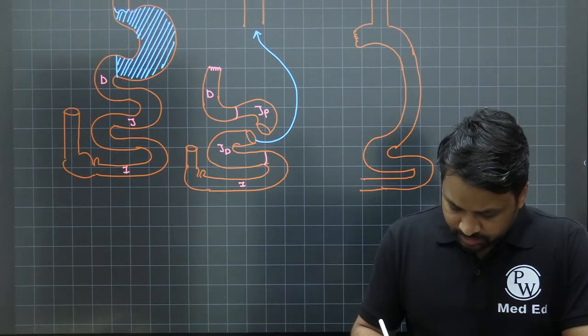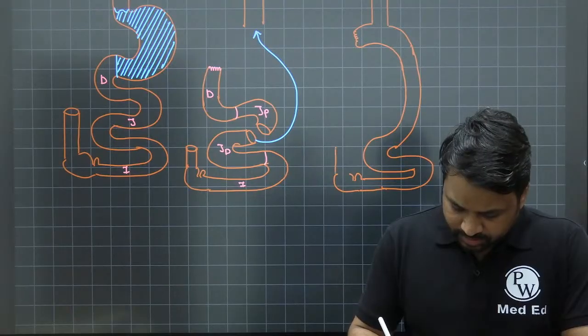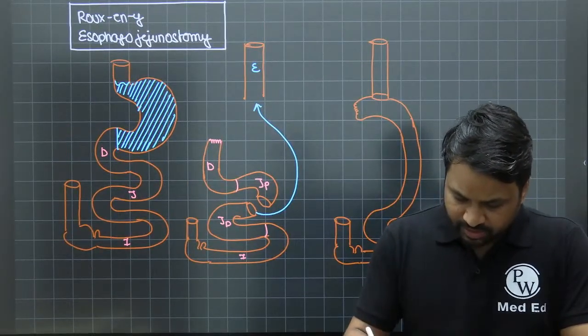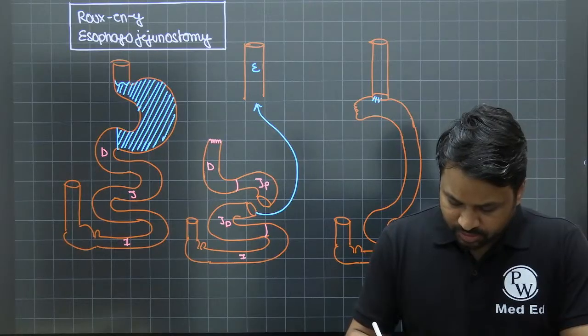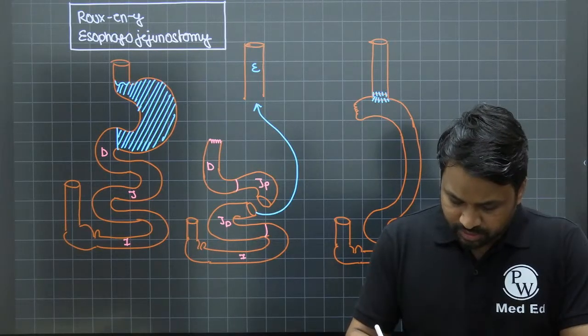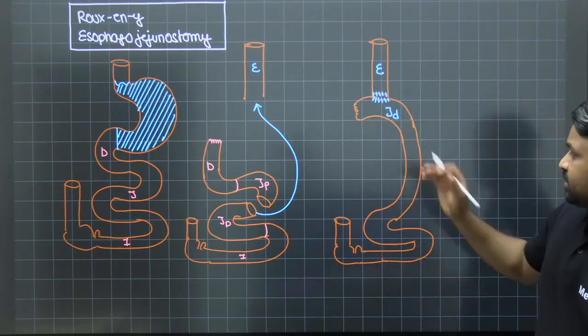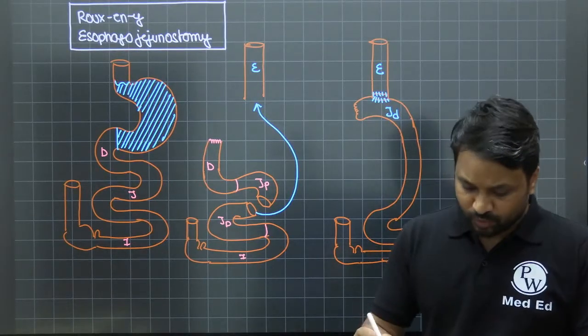This is the ileum that you have. This is the appendix. This is the ascending colon. So this is the part where we made an anastomosis of the esophagus with the distal part of the jejunum, right? So that the food is maintained.